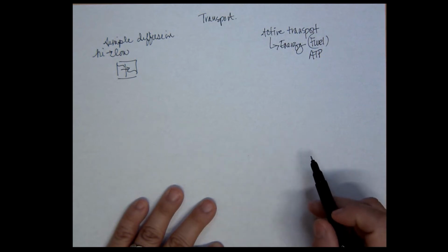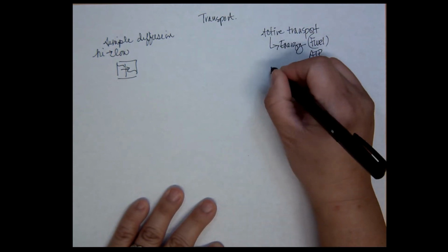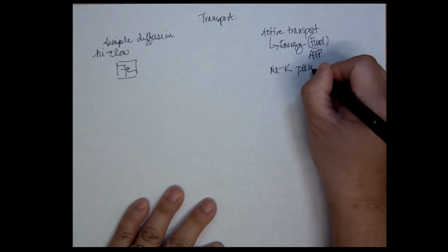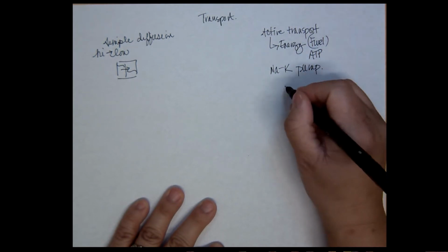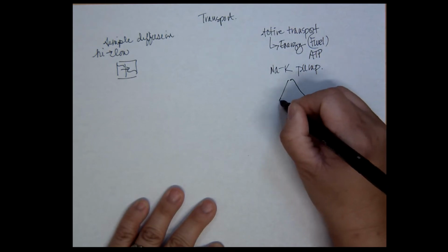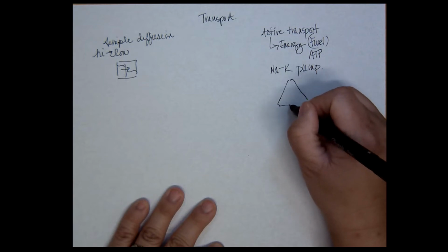And so a good example would be the sodium potassium pump. Because in the grand scheme of things, you have to understand gating channels.